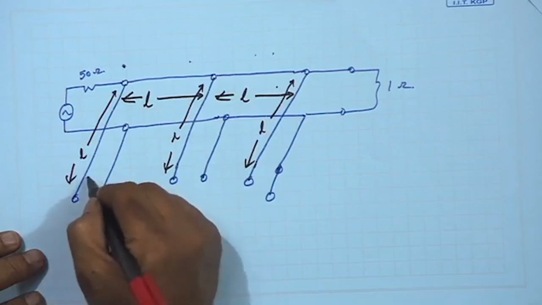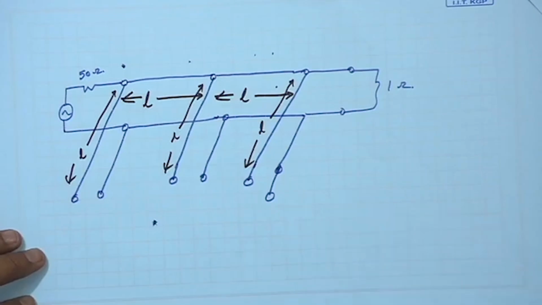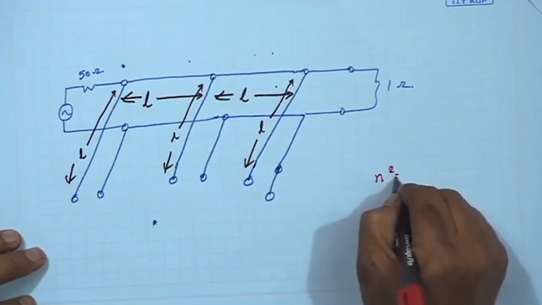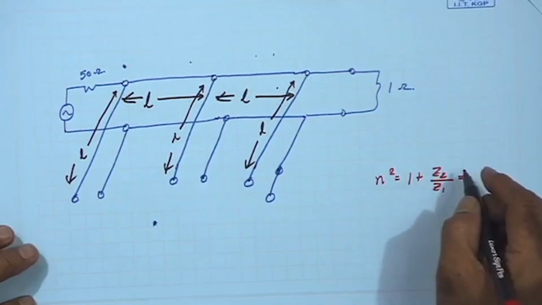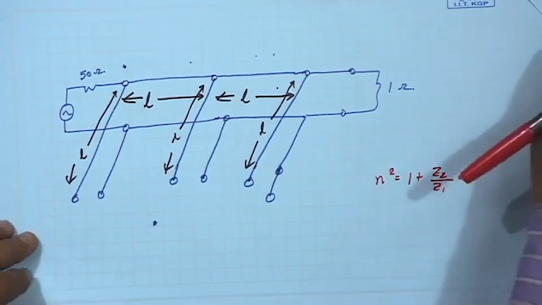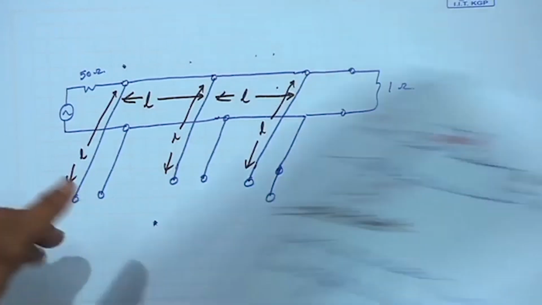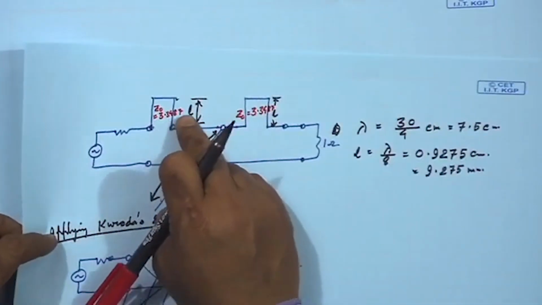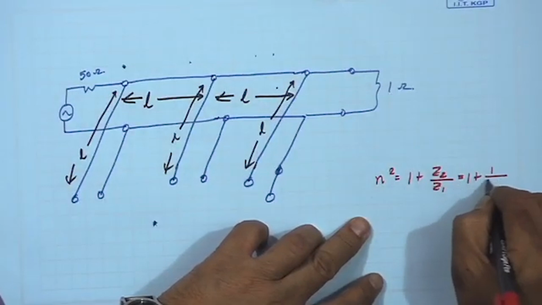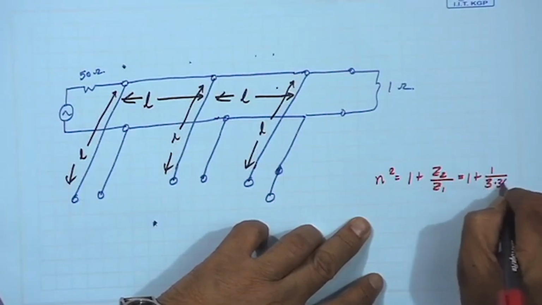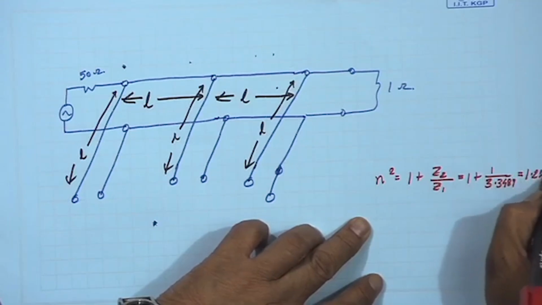So, for the first one, you see that n squared is 1 plus Z2 by Z1, and our Z1 was 3.3487. So, 1 plus 1 over 3.3487 gives this ratio as 1.299.